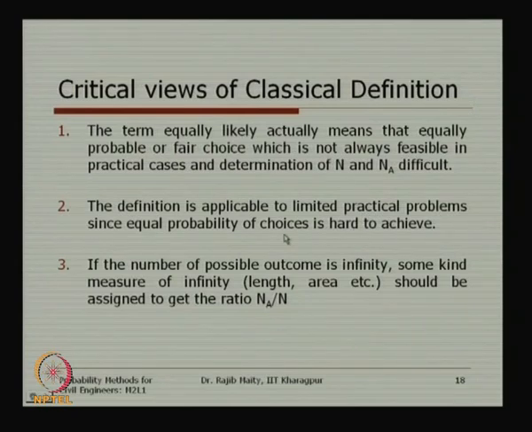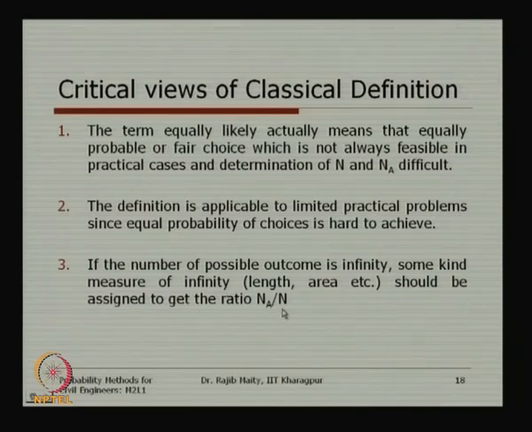In such cases, the applicability of the classical definition is questioned. And the third thing is that the number of possible outcomes may be infinite. If for a particular experiment the number of possible outcomes is infinite, then some kind of measure for the infinity should be assigned to get the ratio of N.